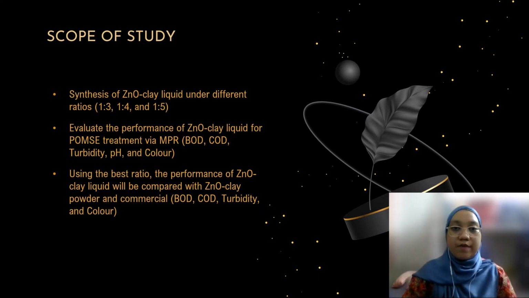In order to provide the best POMSE treatment, each performance needs to be emphasized properly. Lastly, in this study, the best ratio of the performance of zinc oxide clay liquid will be compared with zinc oxide clay powder and commercial zinc oxide.